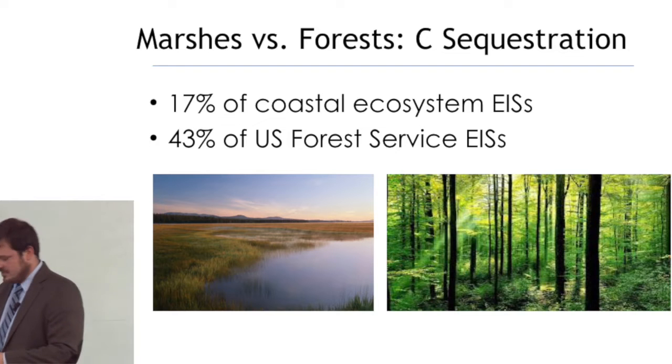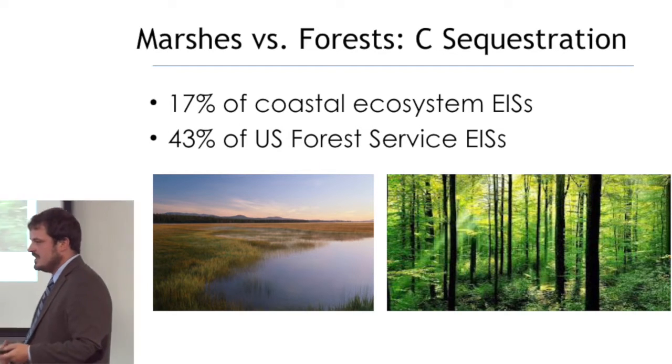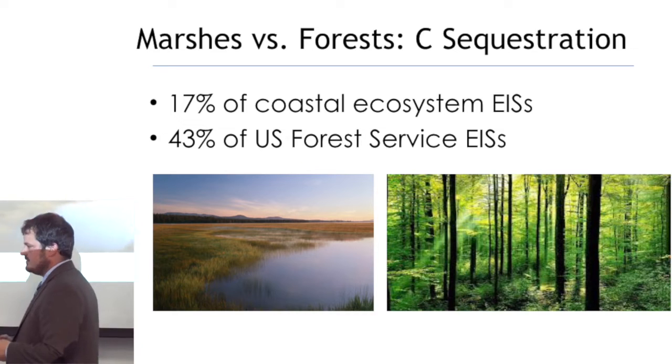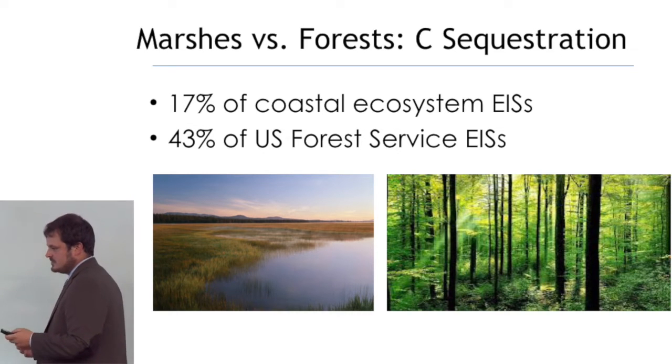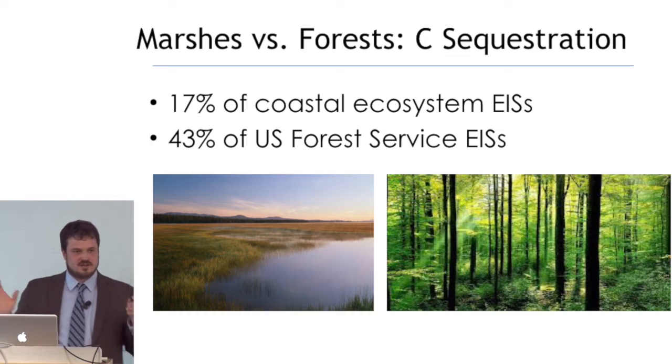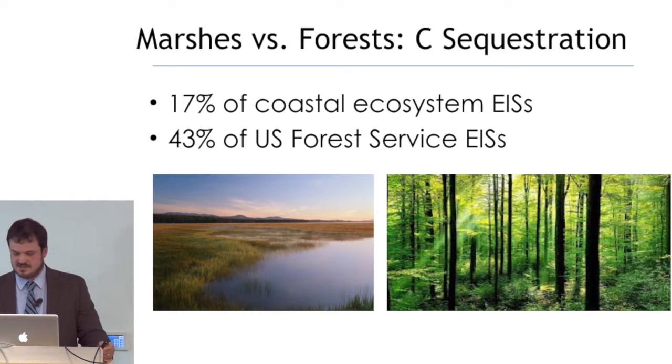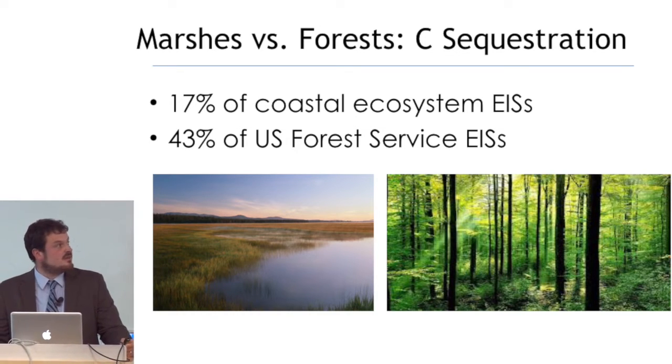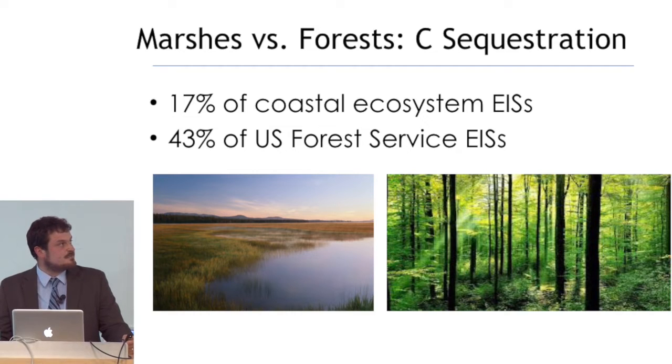It turns out that 43% of Forest Service EISs talk about carbon sequestration in forests, whereas only 17% of coastal ones talk about carbon sequestration in coastal ecosystems. So blue carbon is kind of following in the coattails of forests as we build this governance system.